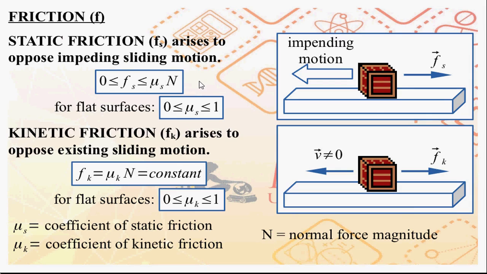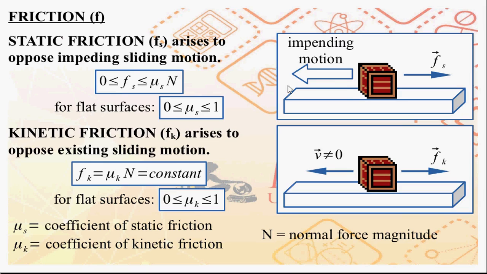So static friction has a maximum value. If this maximum value is exceeded, meaning the impending motion is greater than mu s N, static friction is unable to stop the motion from happening, and the object will begin to slide.